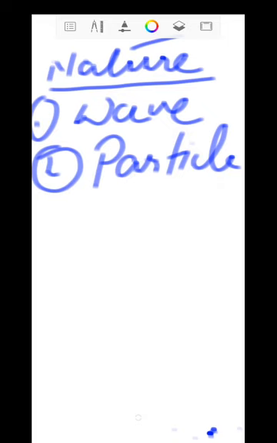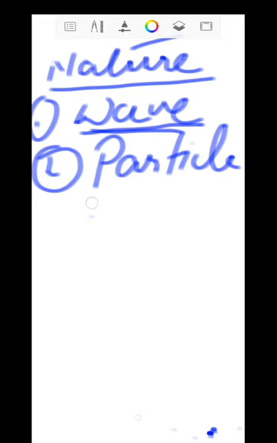Now, according to the wave theory, light consists of electromagnetic waves which do not require a material medium to travel. This means that it does not require any solid, liquid or gaseous medium for propagation. So this theory is called the wave theory.